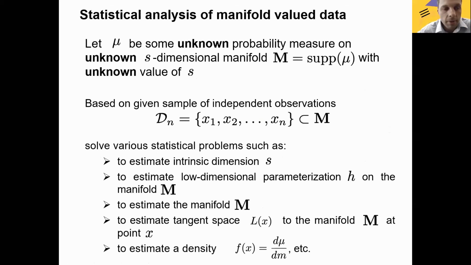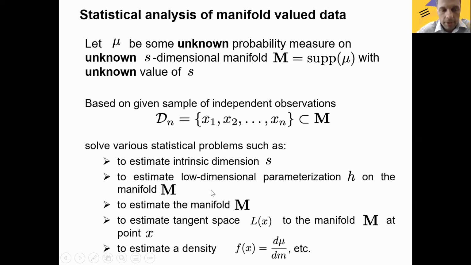Using this sample, we would like to estimate the intrinsic dimension of the manifold. This is the first thing. That is the number of parameters which define this nonlinear surface, this nonlinear manifold.